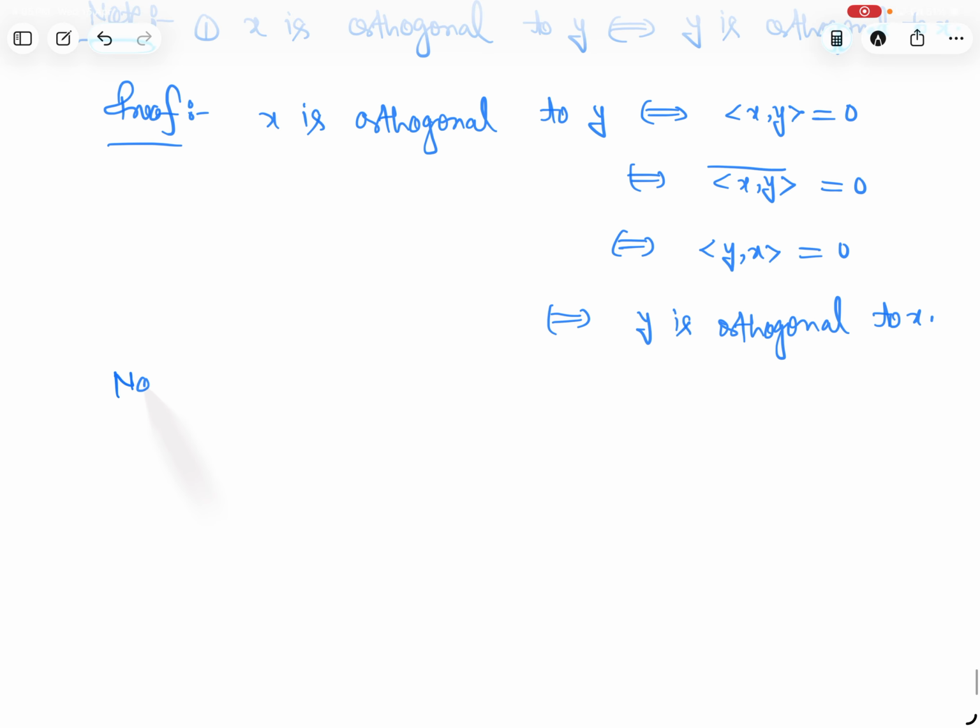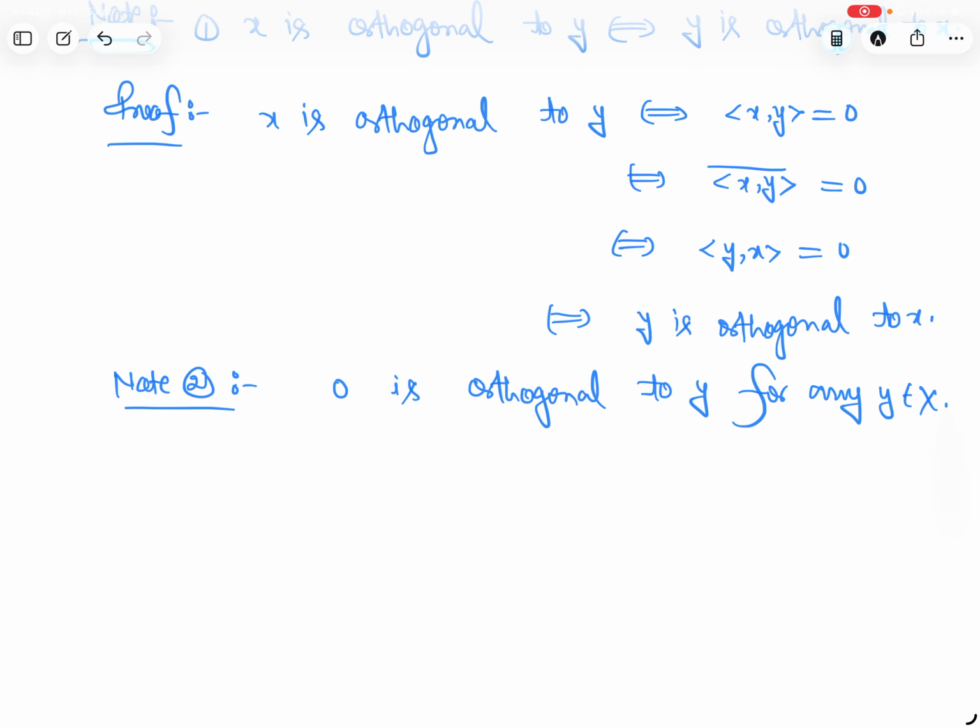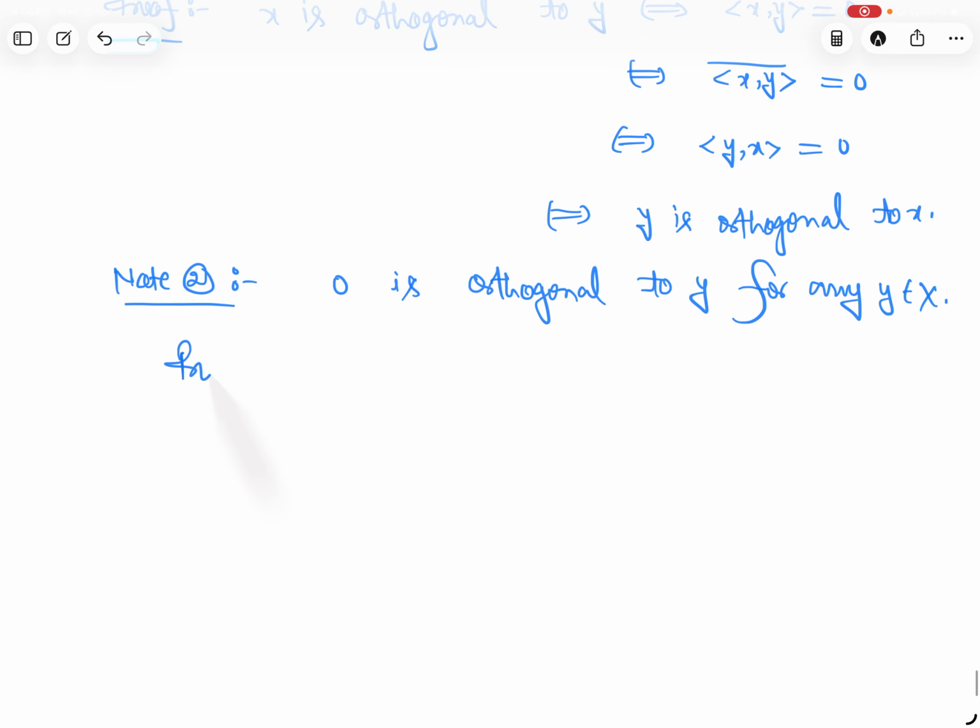Note 2: 0 is orthogonal to y for any y belongs to X. 0 y, we can write 0 plus 0 y. That can be written 0 y plus 0 y.